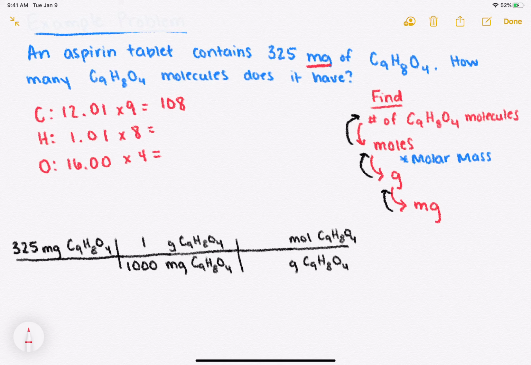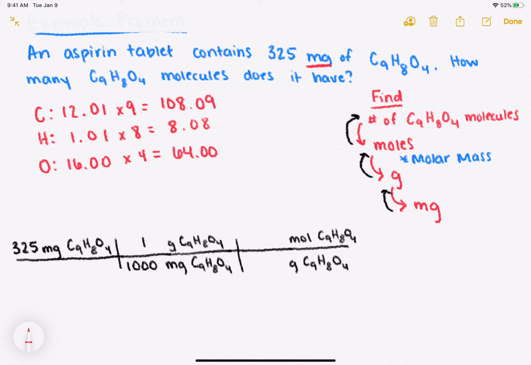And it should give you 108.09 grams per mole of carbon, 8.08 grams per mole of hydrogen, and 64.00 grams per mole of oxygen. And we're keeping all of our sig figs because the 9, the 8, and the 4 are exact numbers. They're not measured values. There is no uncertainty there. We know that because we have a molecule, and we know we can't have a fraction of an atom in a molecule. We know that if it says that there are 9 carbon atoms, there's got to be 9.